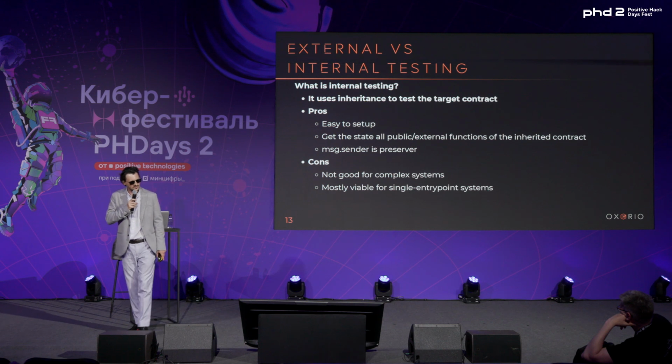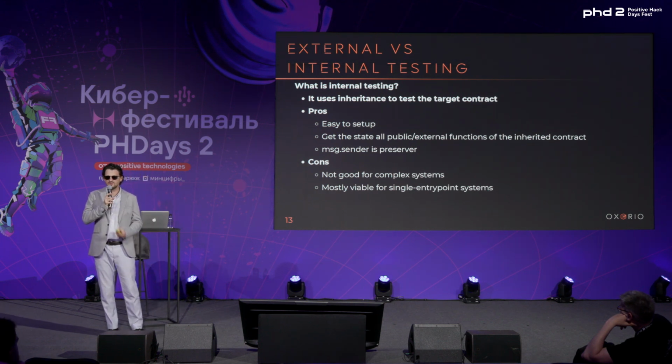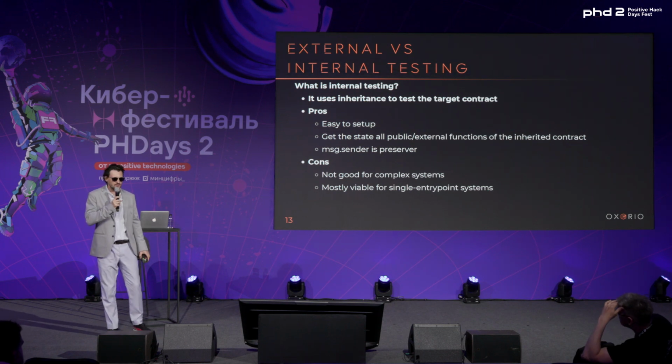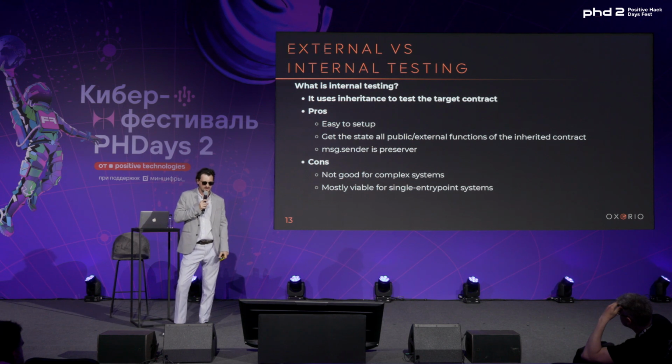External versus internal testing. Internal testing is when Echidna has access to all of the functions of the contract. So we inherit this contract and we get access to the functions, and Echidna starts calling them randomly.